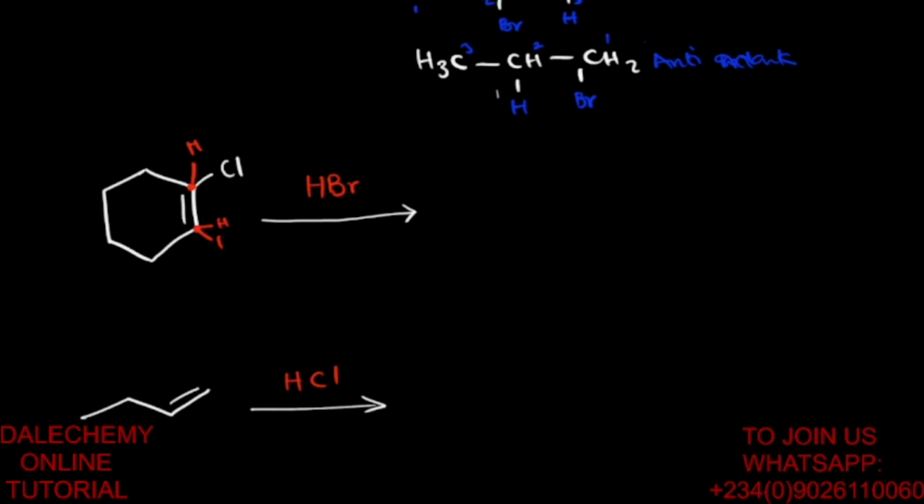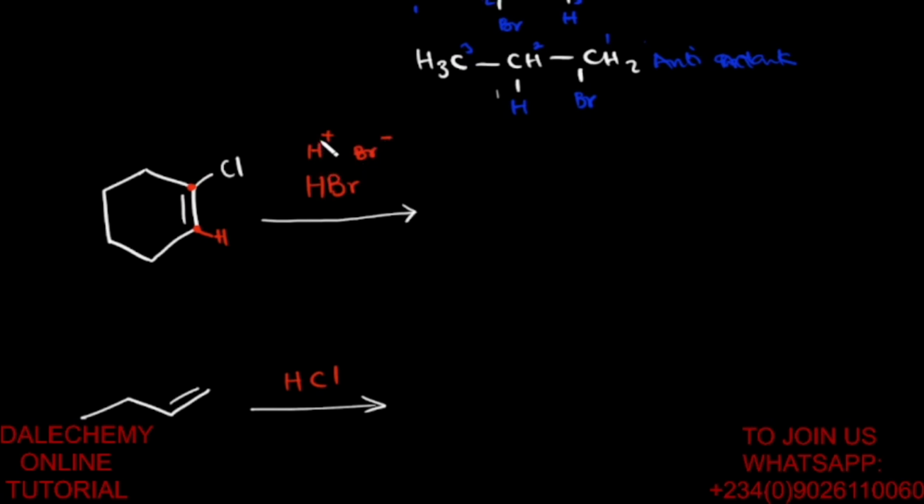I made a mistake. This should have just one hydrogen and this has no hydrogen. Yeah, this carbon does not have hydrogen. Now when we look at these two carbons, we have HBr, H plus and Br minus.